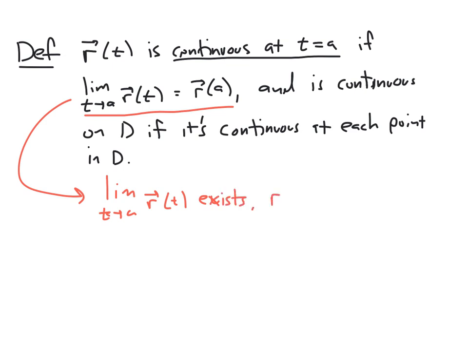It also tells us that the function value r of a exists, and that these two values are equal. So the example that we just looked at where we computed the limit as t went to 0, we saw that the limit of the vector function existed, but we also saw that the function value at t equals 0 did not exist. And so that is a function that is not continuous.